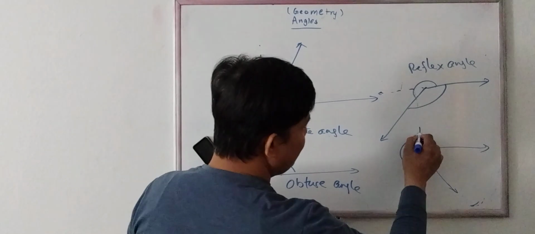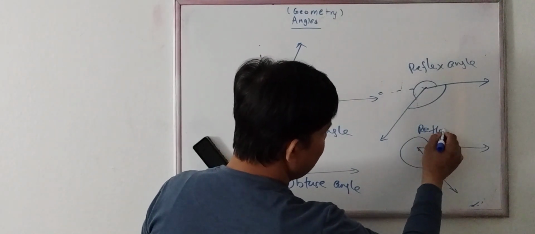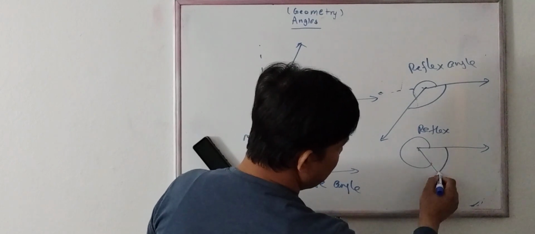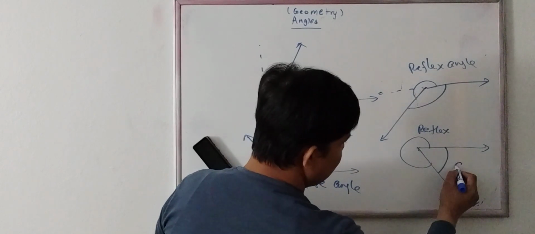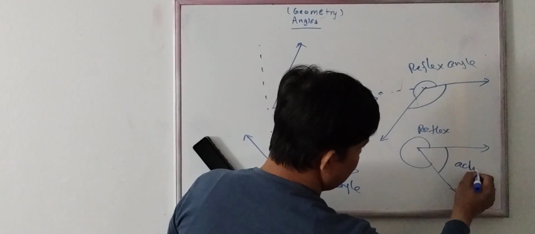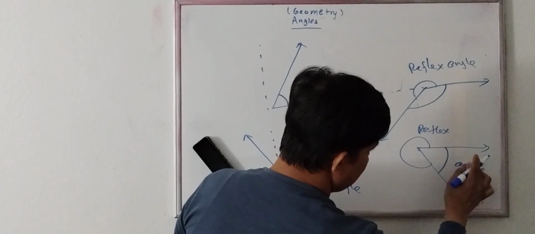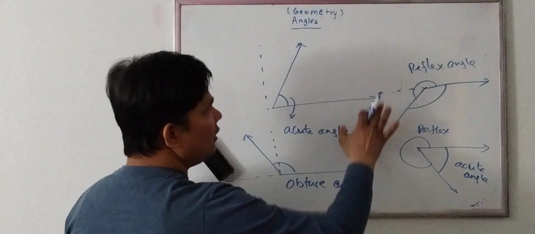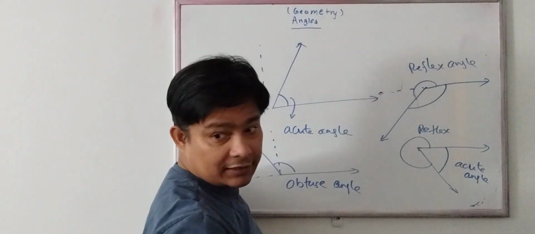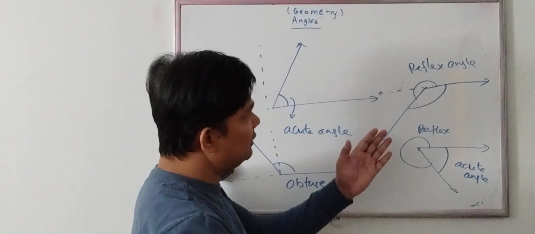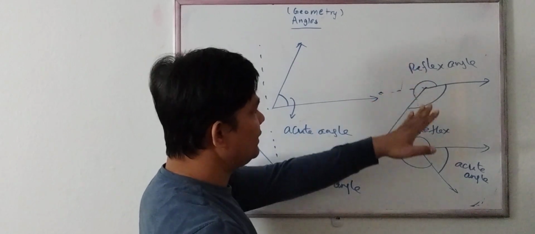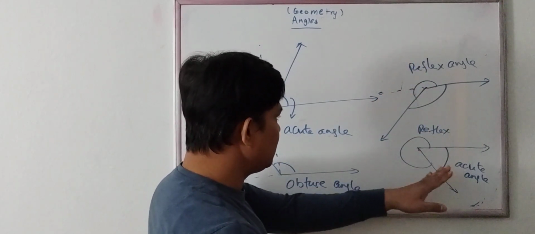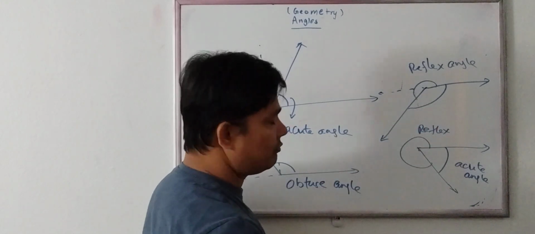This is reflex angle because it's greater than 180 and less than 360. So what will be this angle? This is an acute angle. So you can see how these angles are related to each other. Depending on the value of the reflex angle, the other angle can be acute angle or obtuse angle.